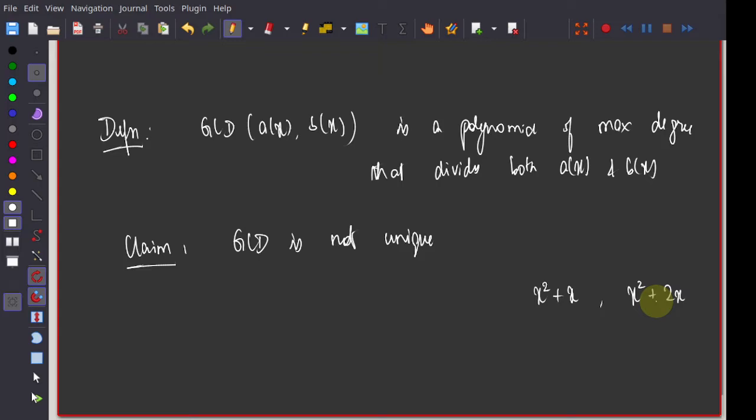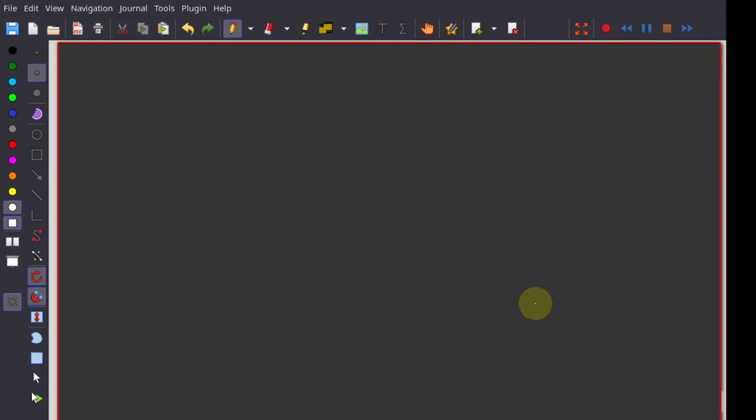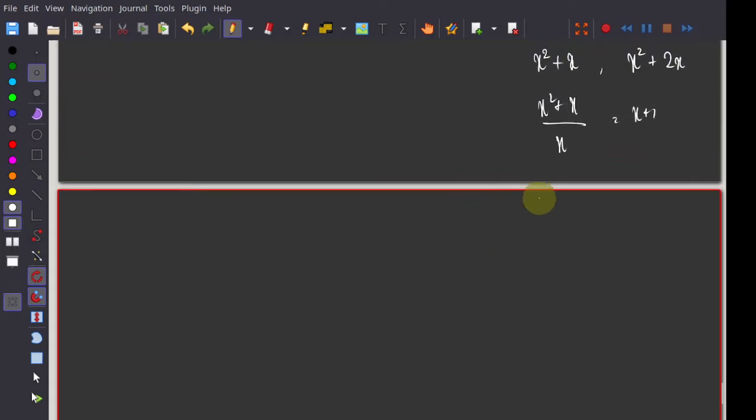Is there any other GCD? x by 2. Right? So any scalar multiple of a GCD is also a GCD. So x square plus x divided by x is x plus 1, right? And x square plus 2x divided by x is x plus 2.